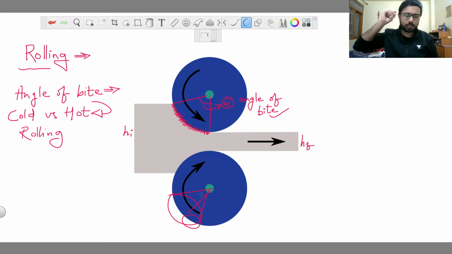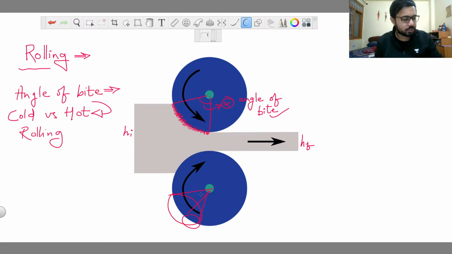So from there you can get the idea of which angle will be greater for which process. The bite angle will be greater for hot rolling, and I have also discussed why more reduction is happening.